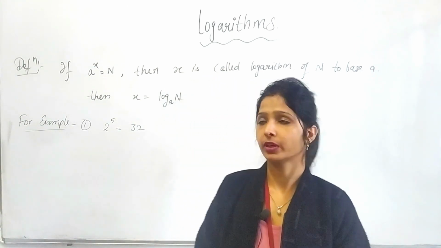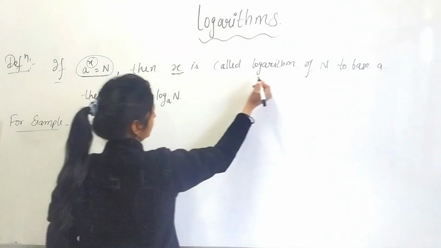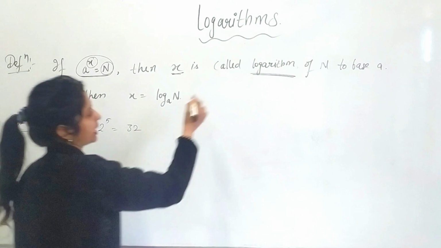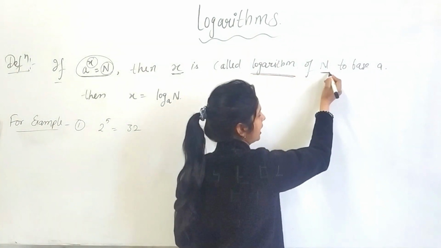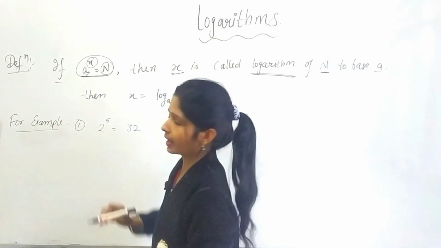Today I am here to deliver the topic about a^x = n. Then this x is called the logarithm of n to the base a. Here the base is a.